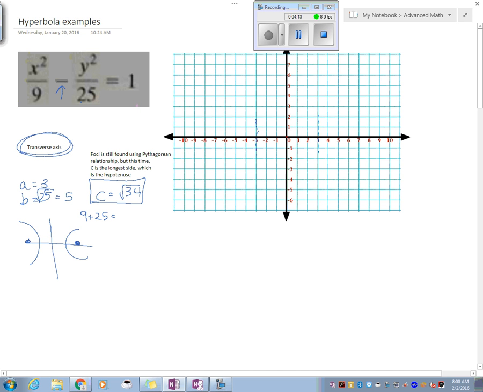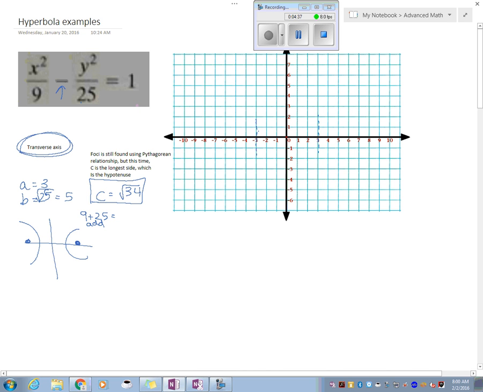So it's actually going to be out here and out here, but we'll get to that again in just a minute. So to do C for the hyperbola, you must add. In the ellipse, you had to do what? Okay. All right, so still a Pythagorean relationship.